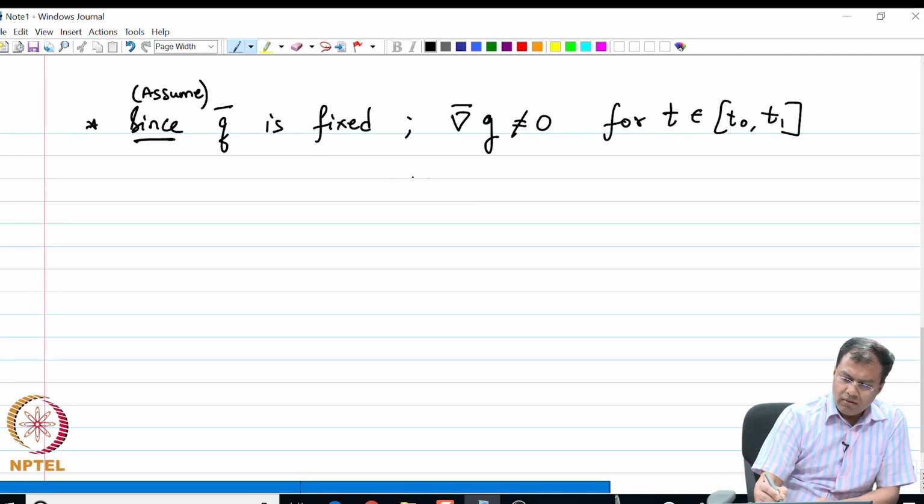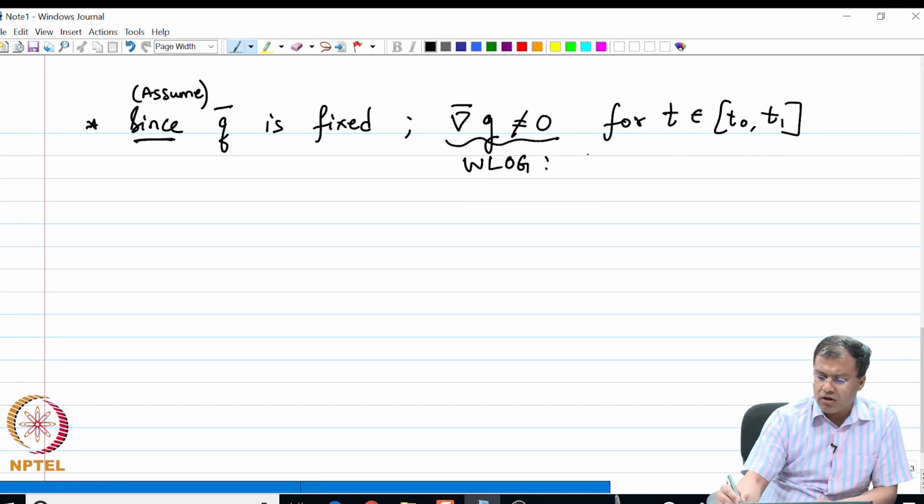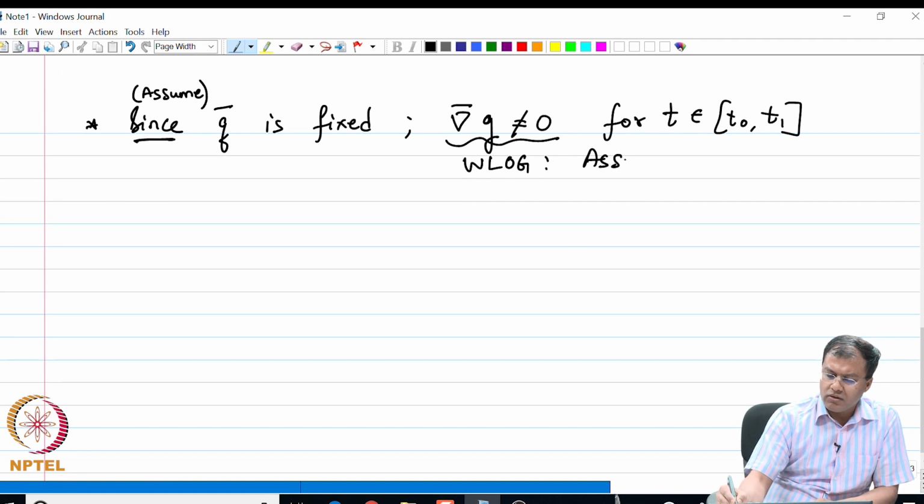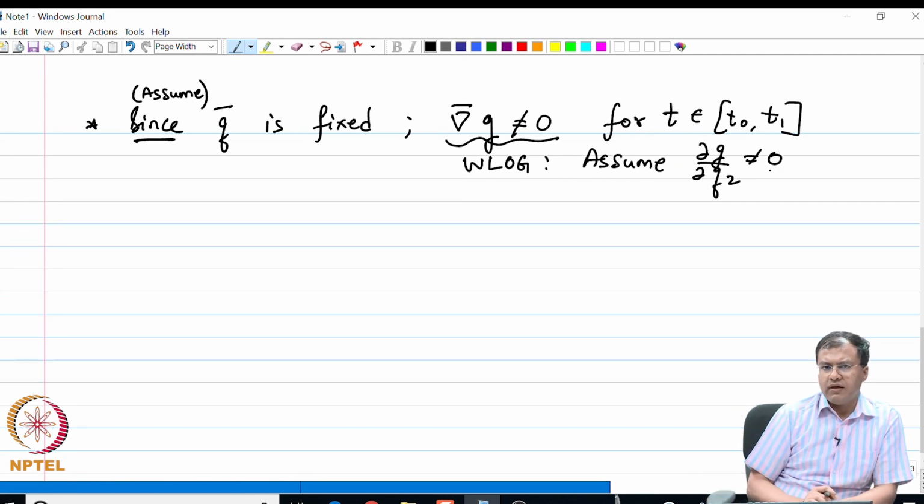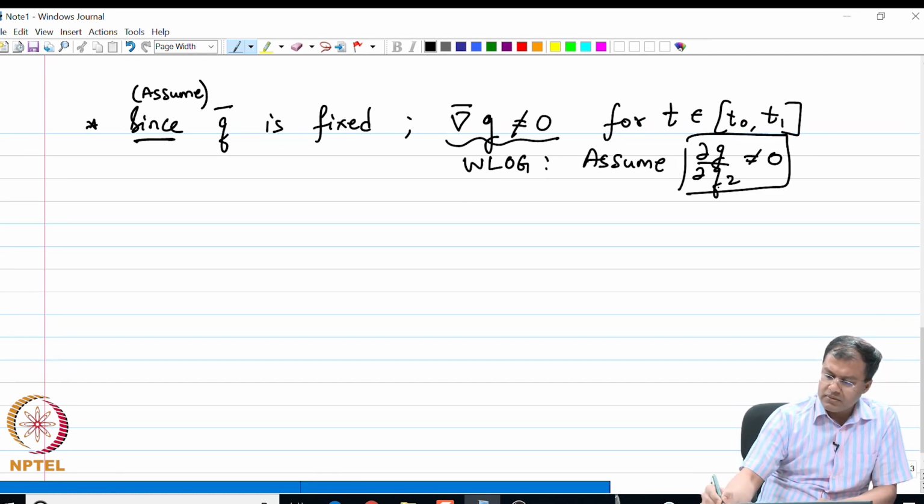Without loss of generality, we can assume that, let us say, one of the components is non-zero. We can assume that del g del q2 is non-zero. We could assume otherwise, or we could also assume that both components are non-zero. Let me call this assumption star.